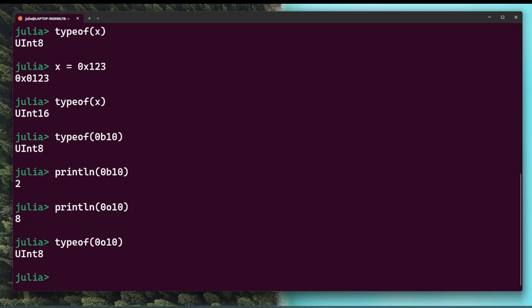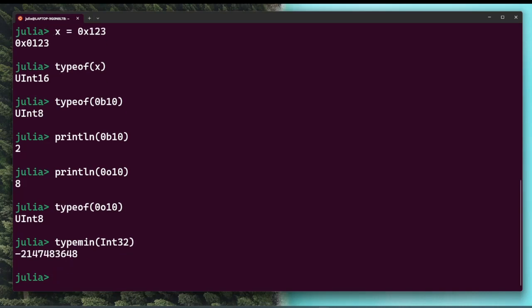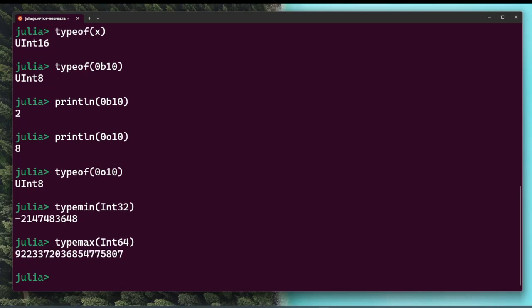Now there are some other functions we can use to find out the maximum values we can insert. There is the typemin function, which gives the minimum value of Int32, and typemax, the maximum value. This is the maximum value which we can have.